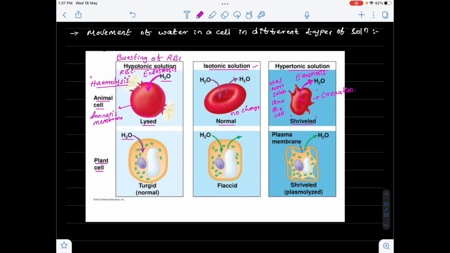So here there is an osmotic entry of water inside the cell, and it results in swelling up of the plant cell, and we call this swollen cell a turgid cell. This is due to the osmotic entry of water inside the cell, and we call it endosmosis.